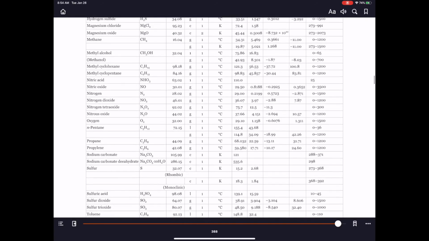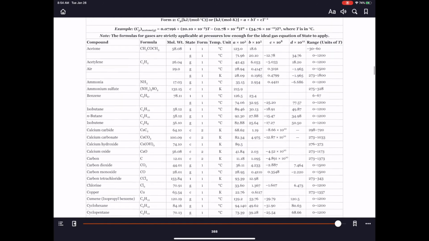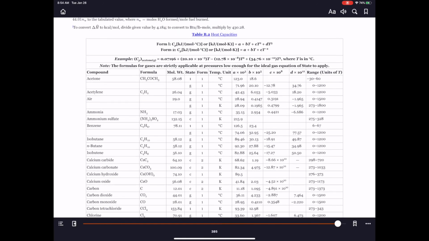But as a reminder, all of the constants here, in order to fit on the table, are multiplied by different values. So the A constant's multiplied by 1,000, the B constant's multiplied by 100,000, and so on and so forth.